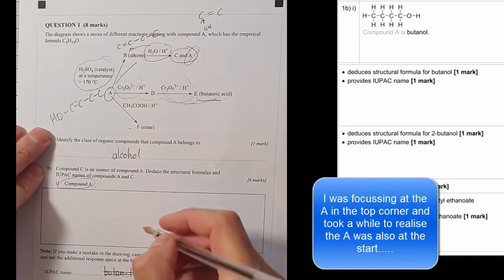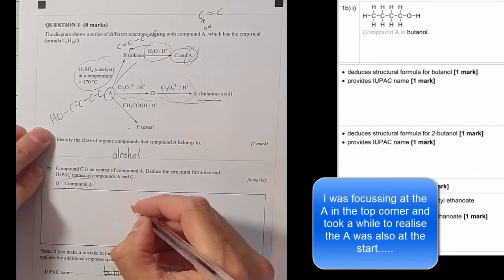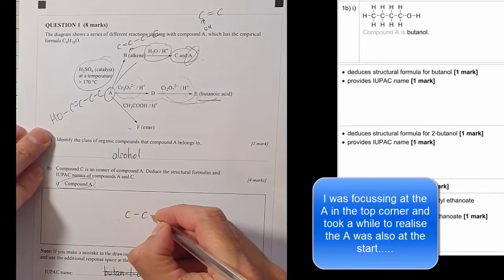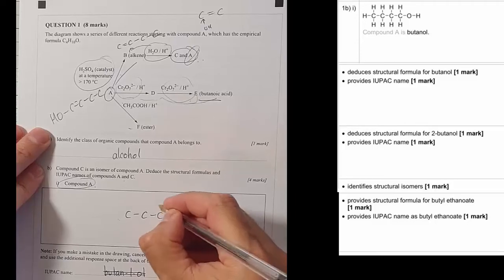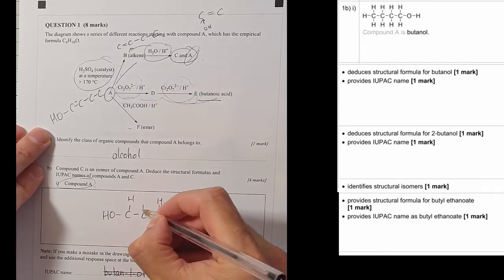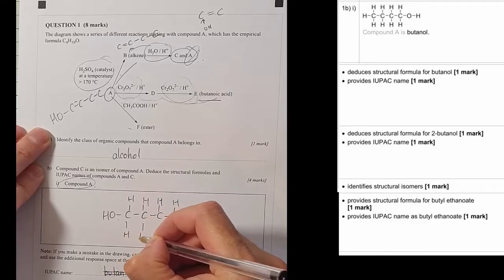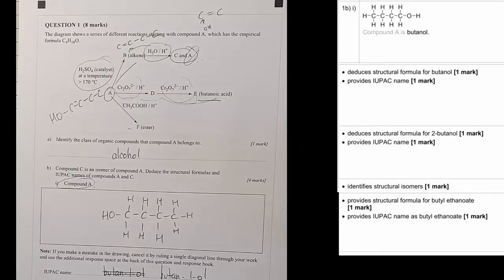So that one must be the butanol. All right. And so we'll just draw that one out. Make sure you draw all the hydrogens out there as well. And that's fine for butanol, butan-1-ol.